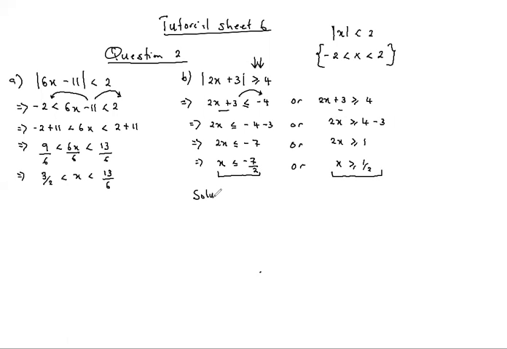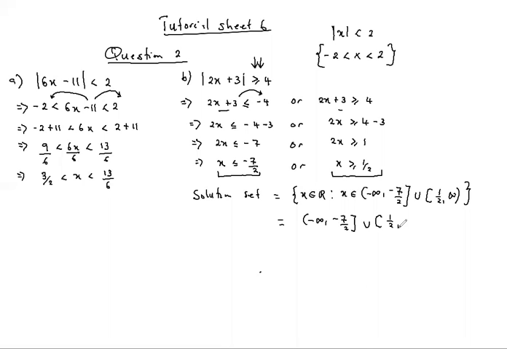So our solution set is {x, a real number, such that x is in (-∞, -7/2] union [1/2, +∞)}. If this is too much for you, you just say the solution set is (-∞, -7/2] union [1/2, ∞), for as long as you include the boundaries.